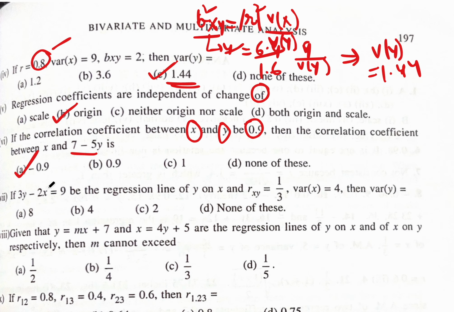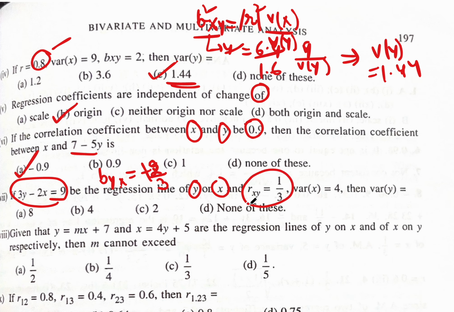If this is my regression line of y on x, okay, so this would mean minus 2 by 3 plus 2 by 3 actually, and rxy is this variance of this.